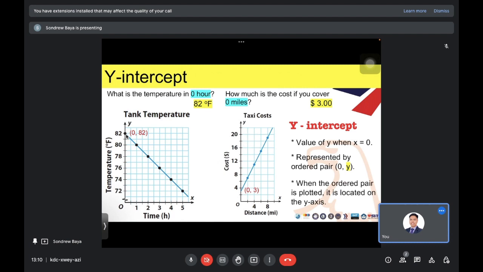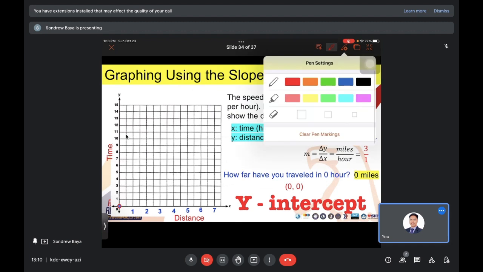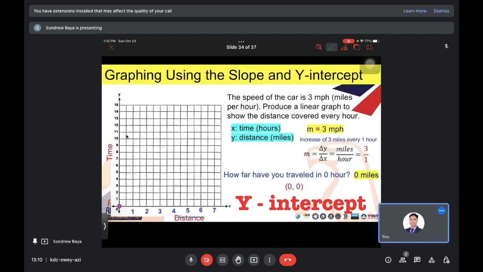All right? So going back here, we now have your y-intercept, which is at 0, 0, because in 0 hours you were able to cover 0 miles.